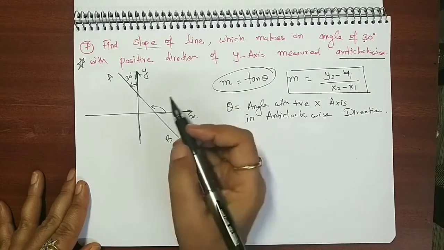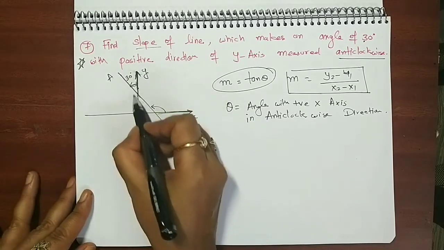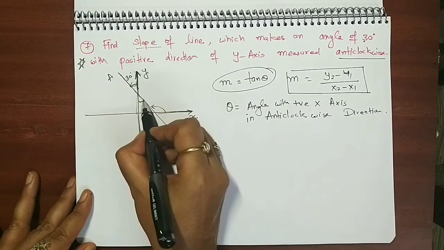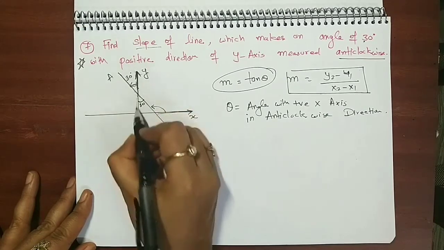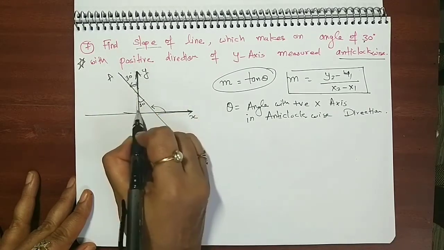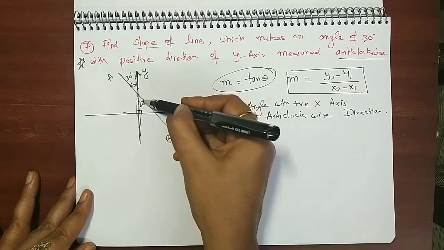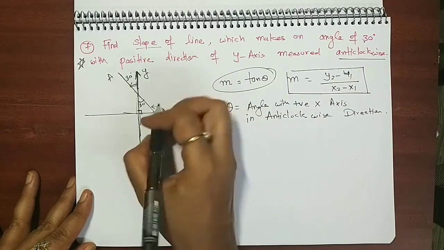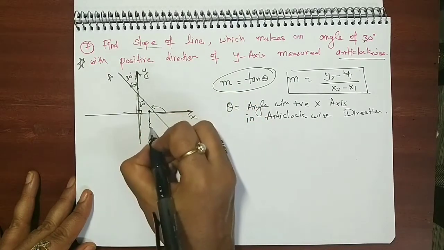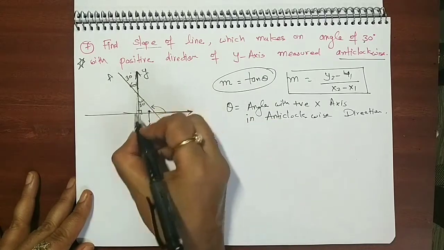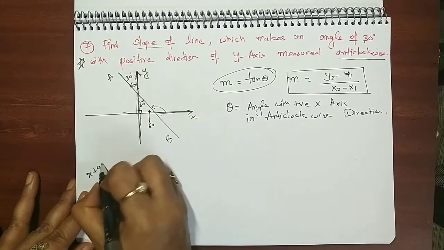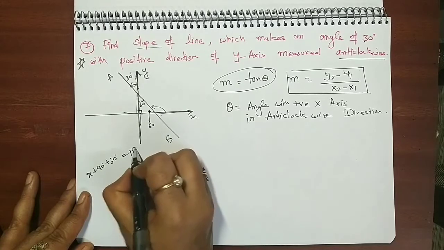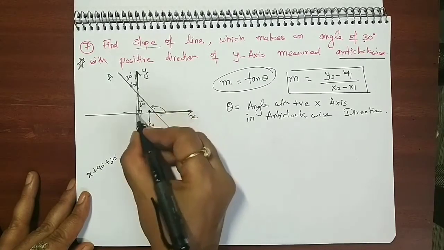Okay, so let me try. This is 30. If they are crossing, this is also 30. Understood? And this is of course 90 degree. If this is 30, this is 90. What is the third angle of the triangle? Has to be 60. We know that the sum of everything: x plus 90 plus 30 has to be 180. Suppose this is x, sum of all three.